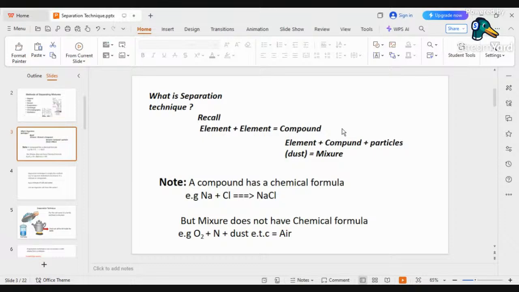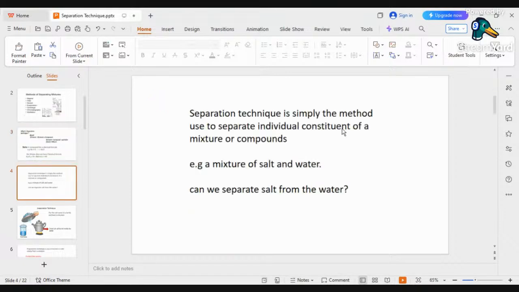Air does not have a chemical formula, right? Because of the complexity of the things that are coming together, a complex combination to form the what? The mixture.